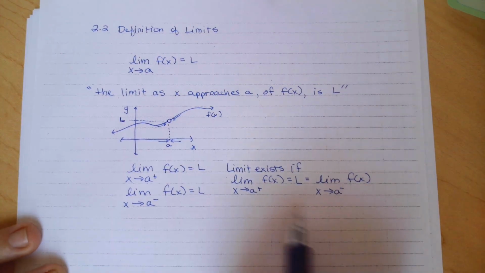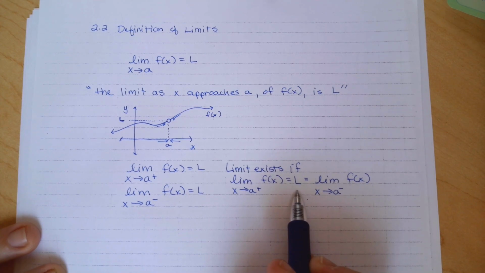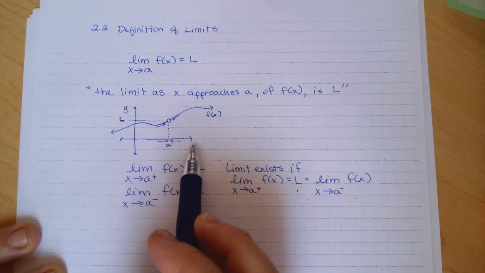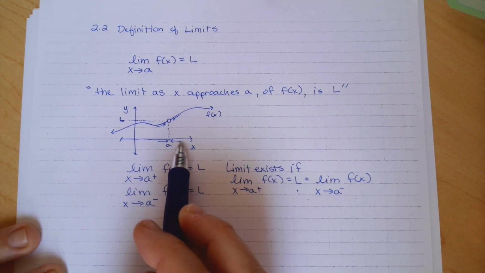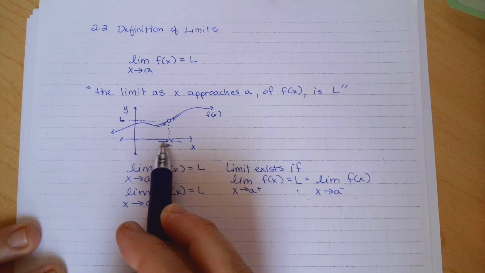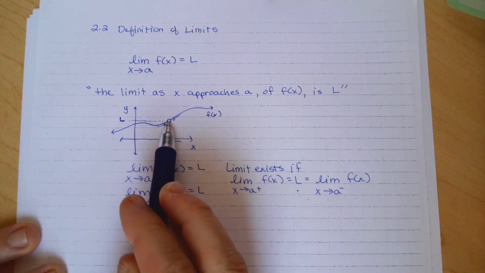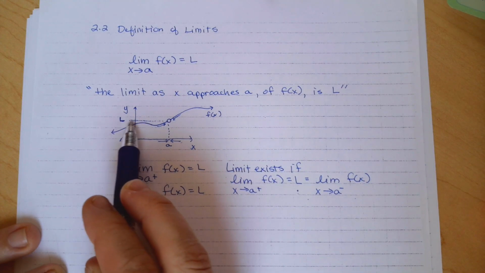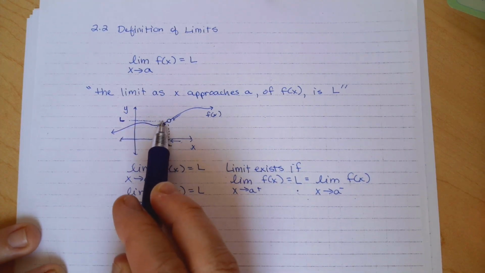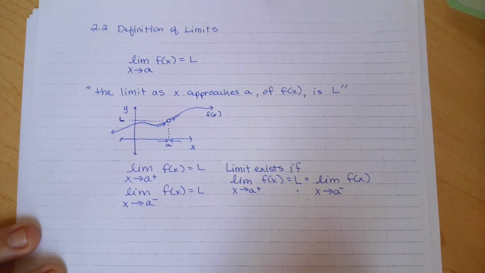Okay, so if those two are equal, we say the limit exists. So here in this graph I made, as we approach a from the right-hand side and from the left-hand side, we can see that we are approaching the same output L. And so therefore we know the limit here exists.